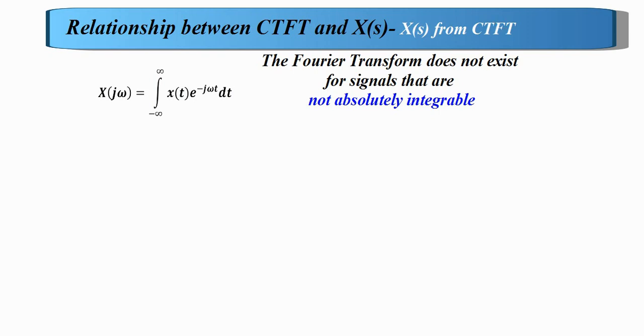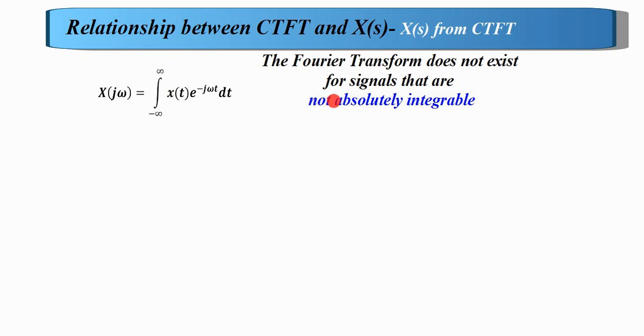The Fourier transform equation is X of j omega equal to the integral from minus infinity to infinity of x of t e raised to minus j omega t dt. But when we discuss the continuous time Fourier transform, we know that there is a problem: we cannot find the Fourier transform of all signals. There is a restriction, which is highlighted here.